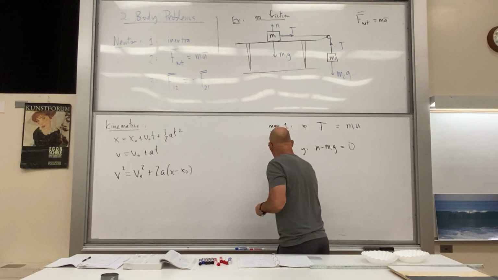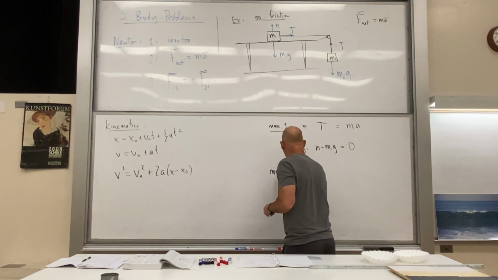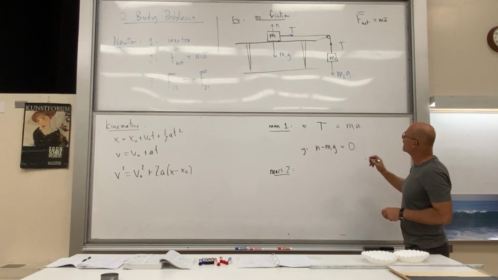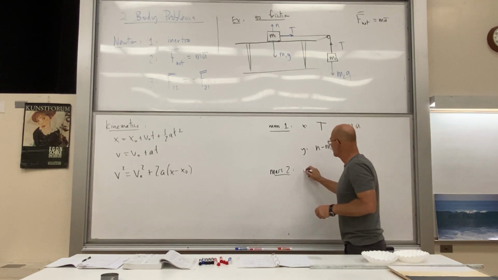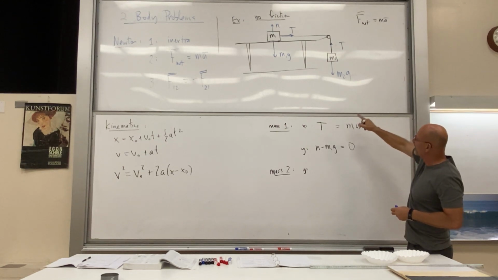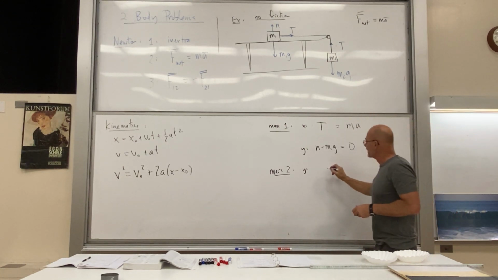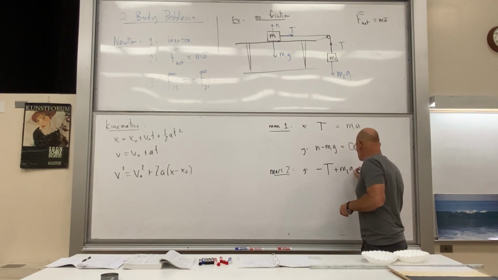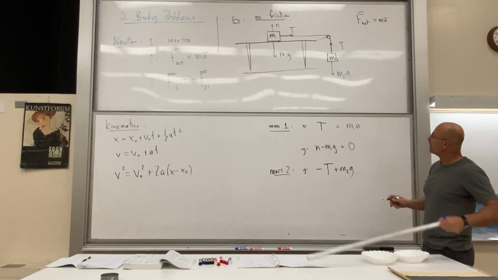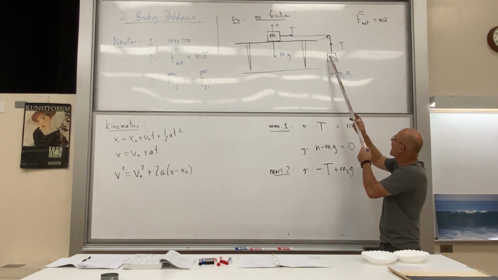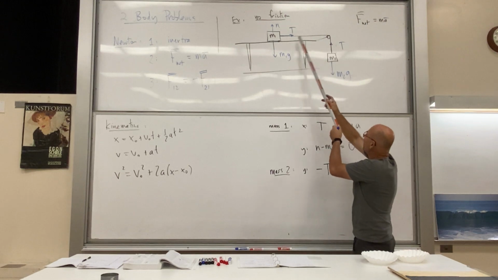Mass number 2, what do we have? We only have the y direction here. But as far as the symbols go, and this is really crucial now, we have minus T plus M2g. That's the force diagram. And the reason I have to say this is minus T is because it's opposite the positive direction, right?